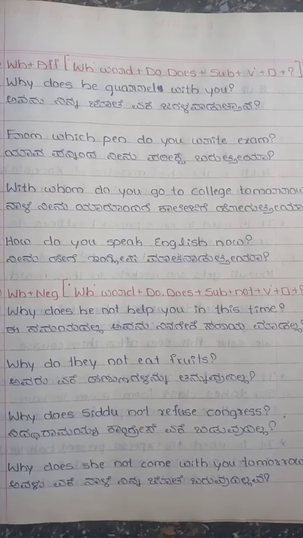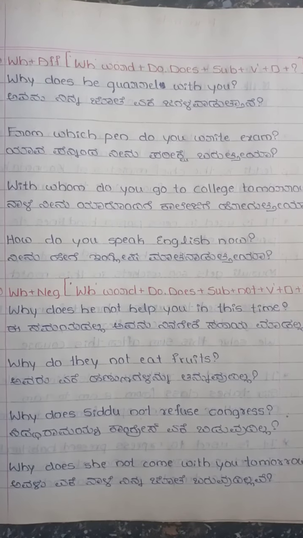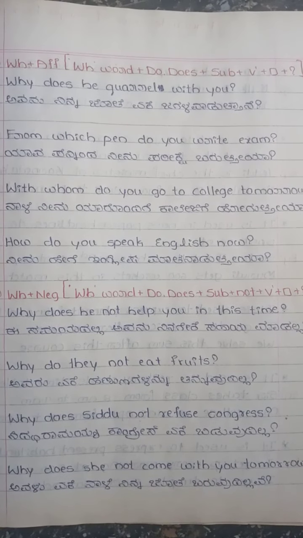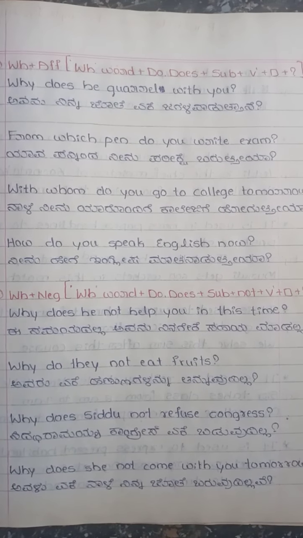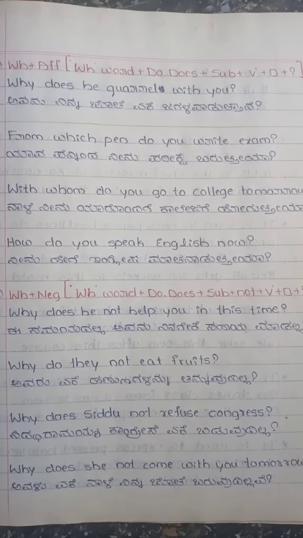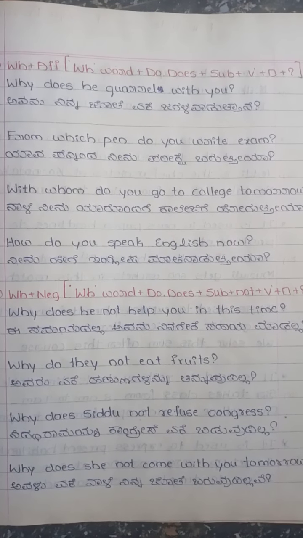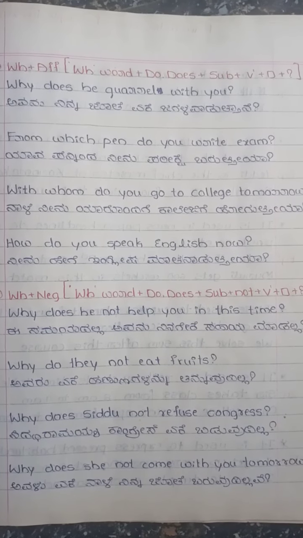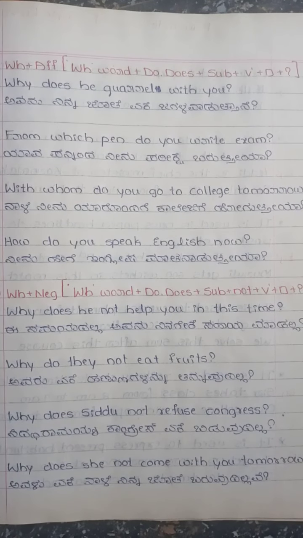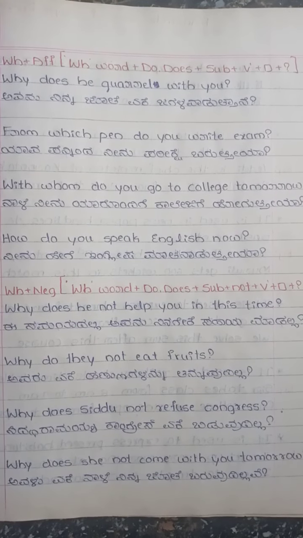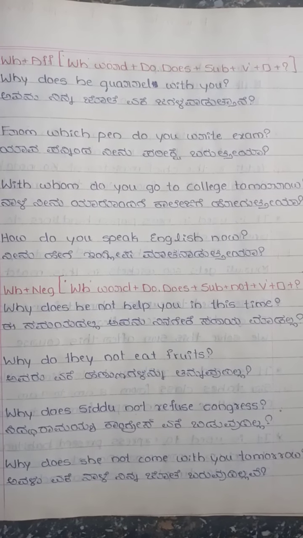The question is, why does he quarrel with you? We have to see whether the formula has been followed or not. According to the formula, the WH word has to come first, and here the WH word is why, and thereafter do or does. The selection has to be made according to the subject we use.